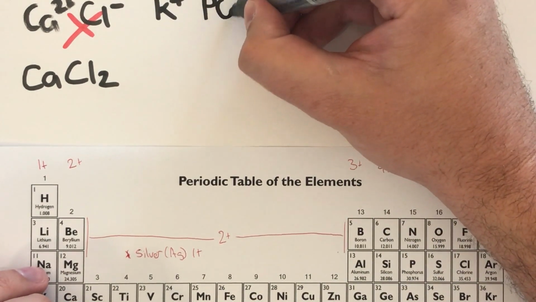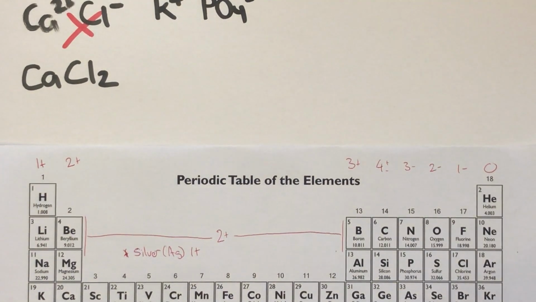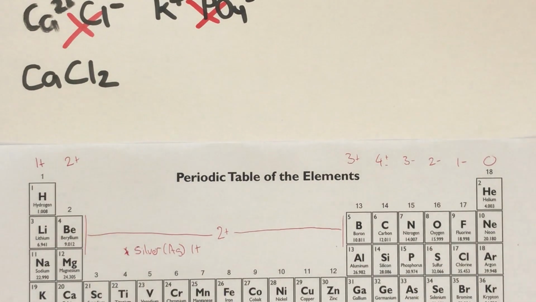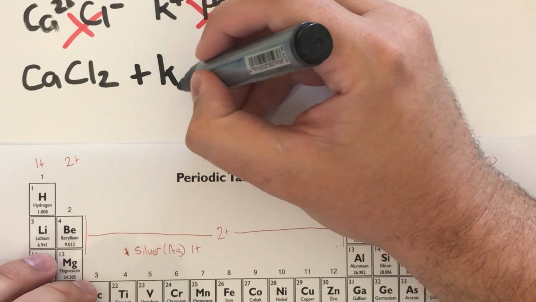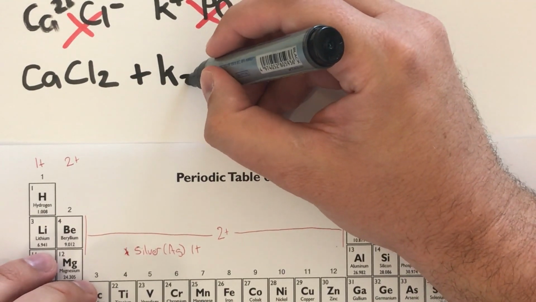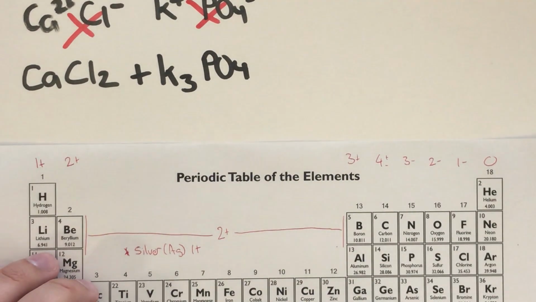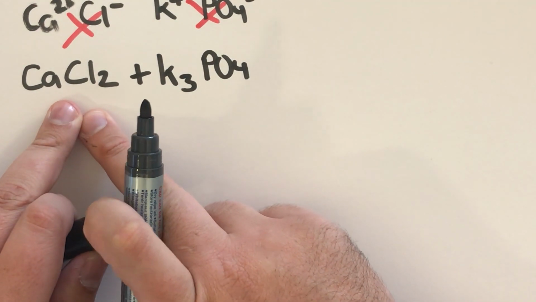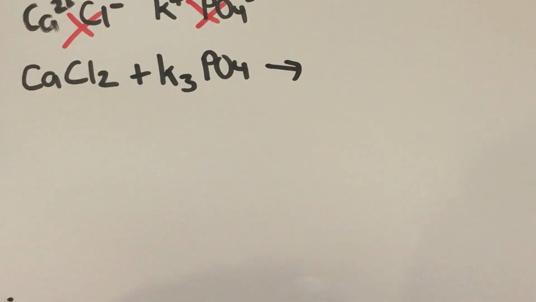So PO4 and 3- is the valency there. So we can do our swap and drop. So we now have potassium 3, PO4 is just a 1. So now we know that this is our calcium chloride mixing with our potassium phosphate, and that is our balanced ionic compounds for those.